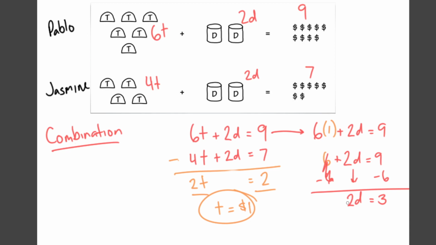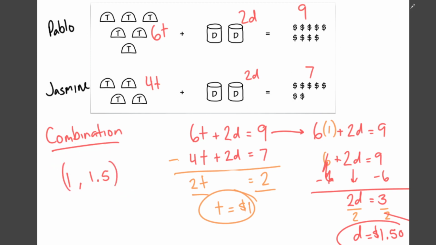Last part of my equation here, I'm going to divide this side by 2 and divide this side by 2 to give me drinks are equal to 1.50. So my drinks are $1.50 and my tacos are $1. So if I was to go back, my final answer is 1, 1.5.